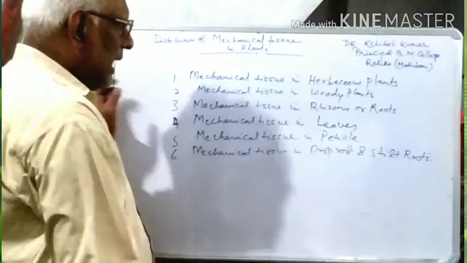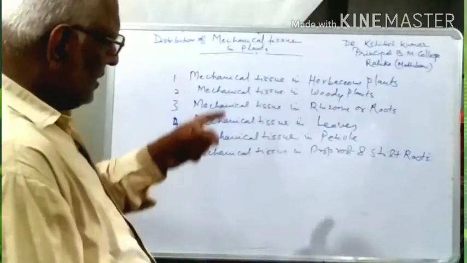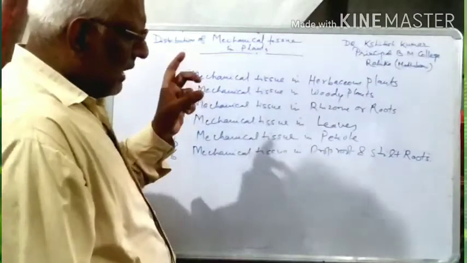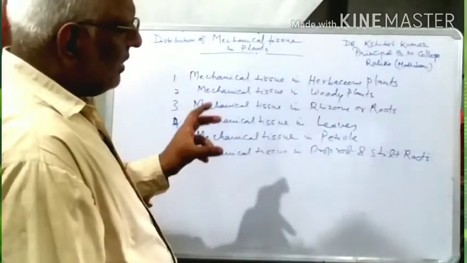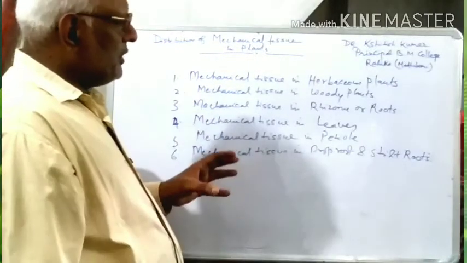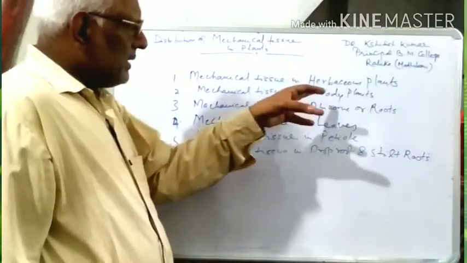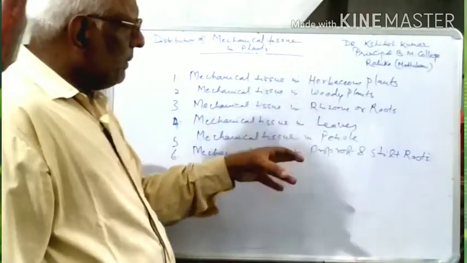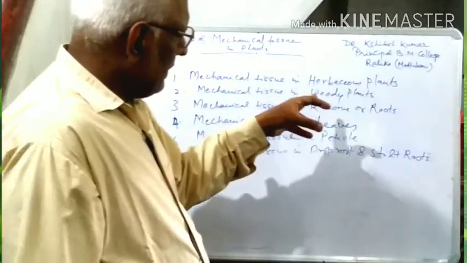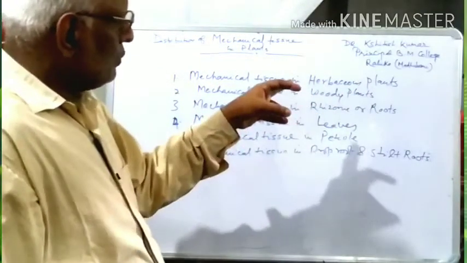So the herbaceous plants are those plants which fall inside the group Herbaceae, the families which are found inside the Herbaceae group. The plants of the Herbaceae group are termed as herbaceous plants, and the plants of woody groups are termed as the woody plants.